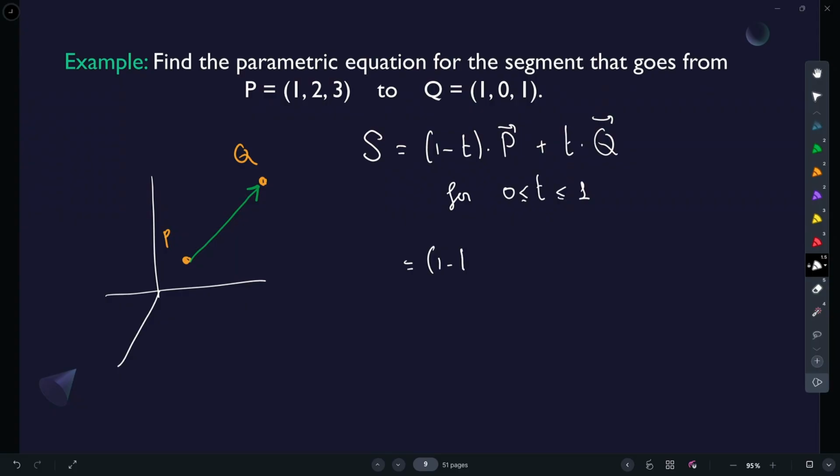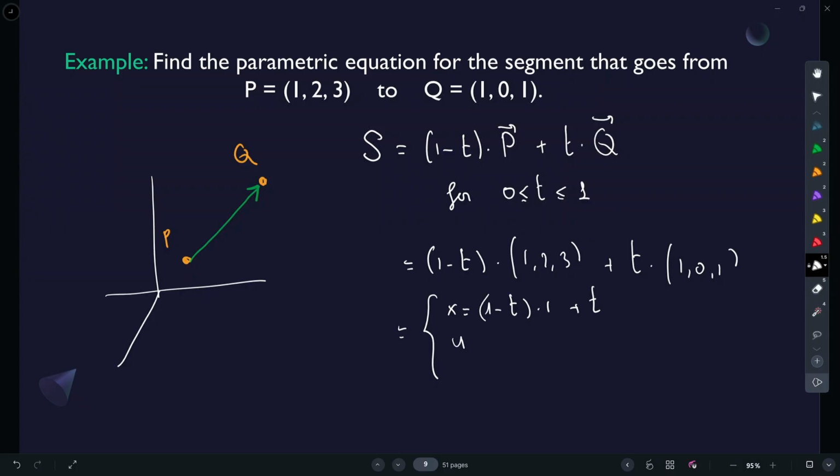So this is going to be 1 minus T times (1, 2, 3) plus T times (1, 0, 1). So in parametric form, X is 1 minus T times 1 plus T. Y is 1 minus T times 2 plus 0 times T. And Z is 1 minus T times 3 plus 1 times T. I can simplify this. 1 minus T plus T is actually just 1.